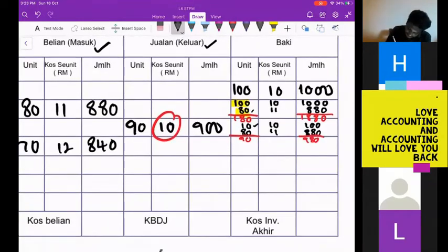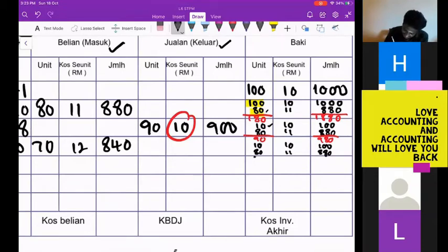So now I have 10, 100, 80, 11, 880 still with me. I'm supposed to draw more tables. Normally I do it on a whiteboard, I have no issue.